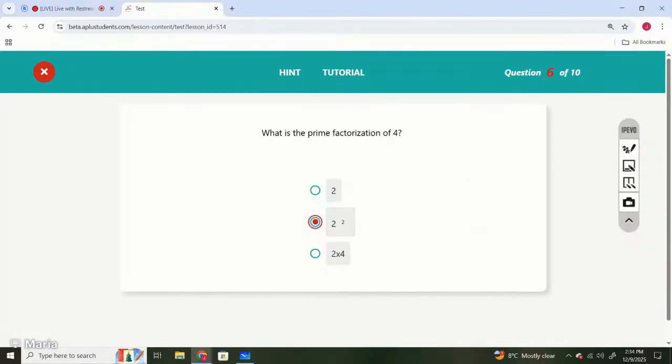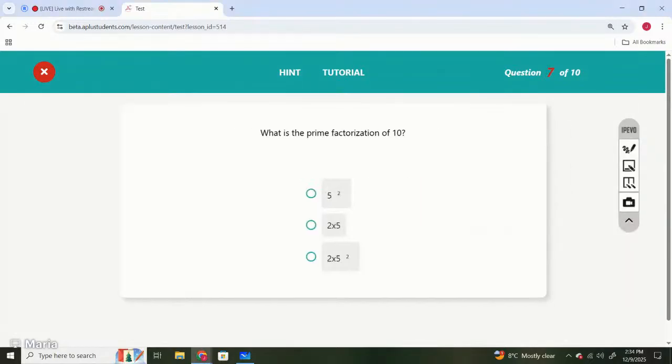Option number 2 is the correct option. What is the prime factorization of 10?